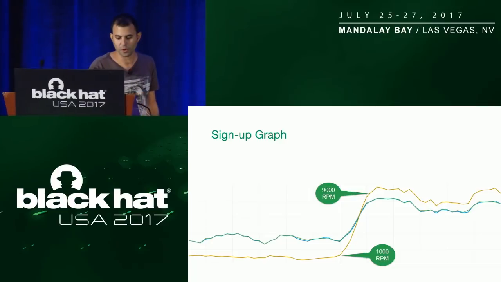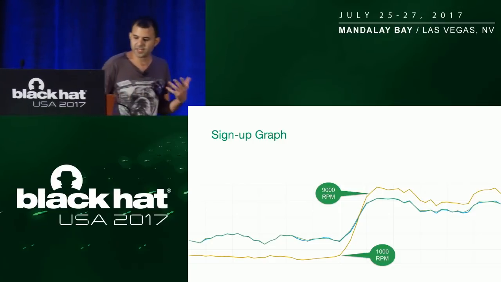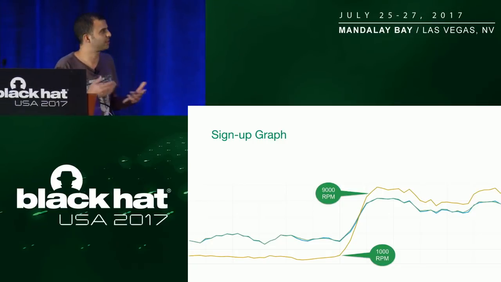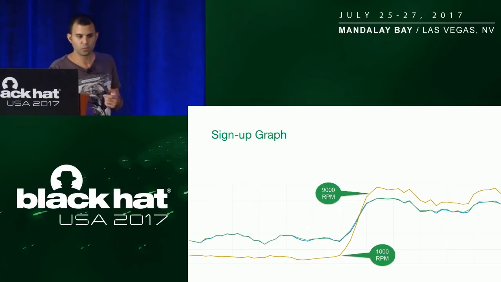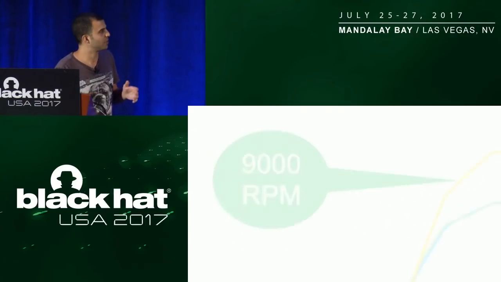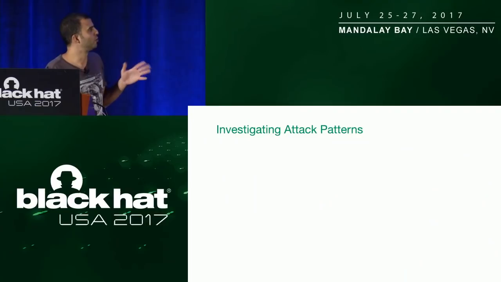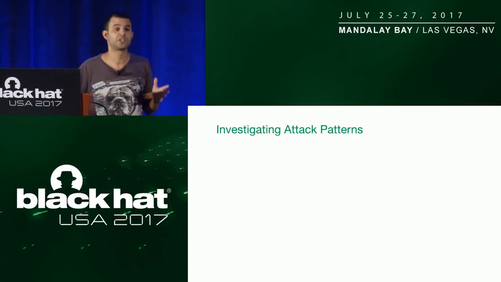So back to our attack, we started to investigate it deeper. What is the origin of these requests? We found a few patterns. So this is what we knew during the investigation of this attack.